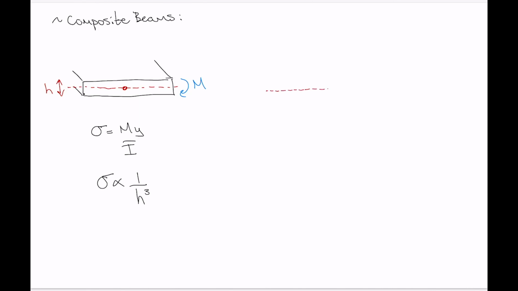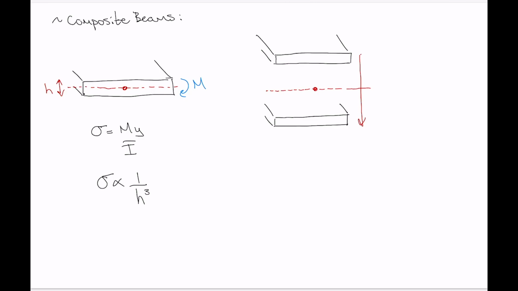So here's the centroidal axis, and we want to take half of the material in that cross-section and put it up here, and take the other half and put it down there, so that we end up with a cross-section that has a much greater height, and therefore stress will be reduced significantly.